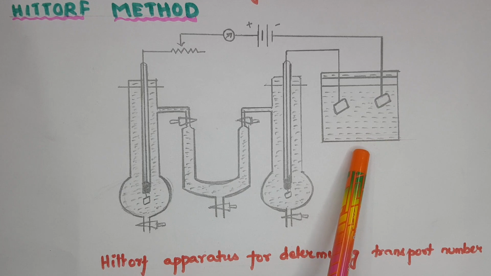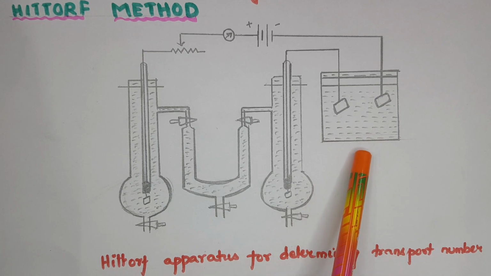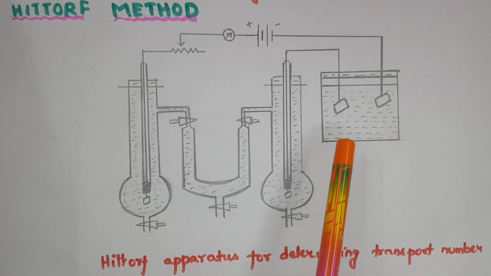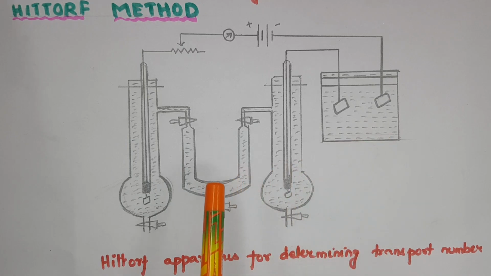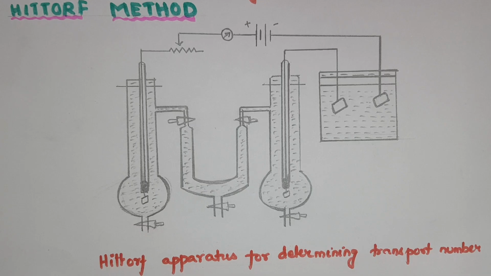Now, how to determine transport numbers, and what is the procedure or process that is happening here? A current of 0.01 amperes will be passed for about 2 to 3 hours, students. It's not 2 to 3 minutes. When current is passed, you should understand that electrolysis takes place.